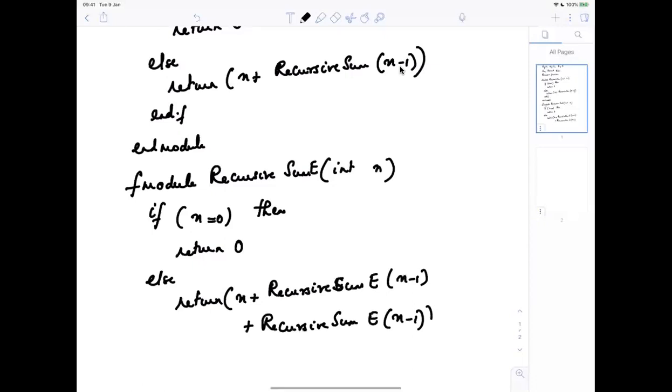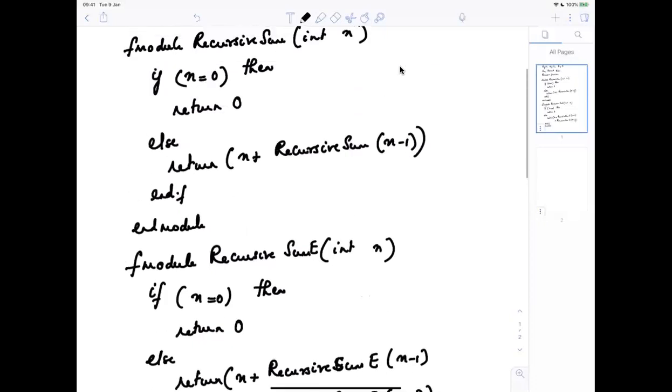Let's say this is the new program that I'm writing, end module. So this program, we saw that the complexity was order n.